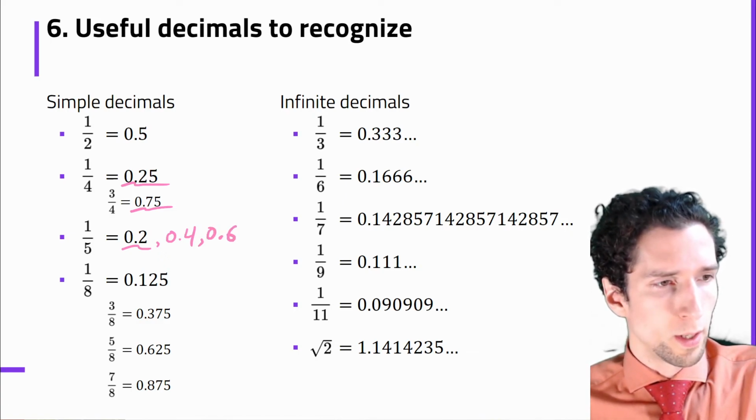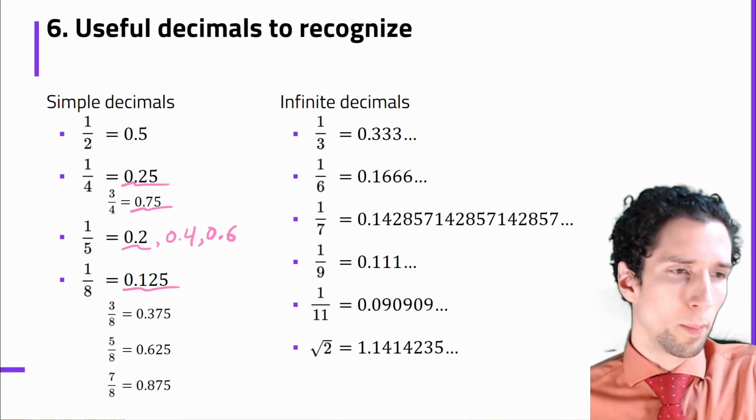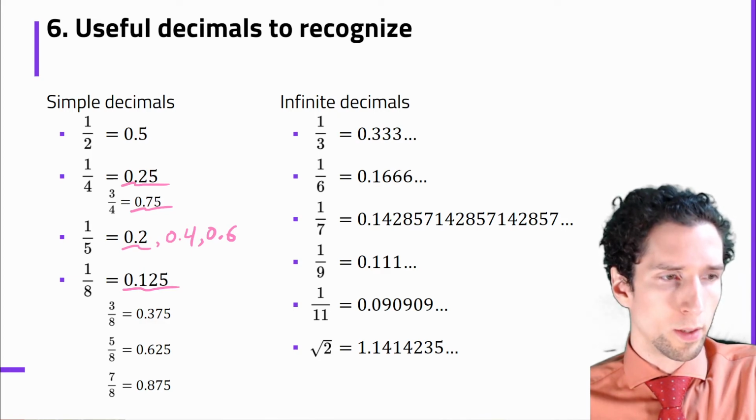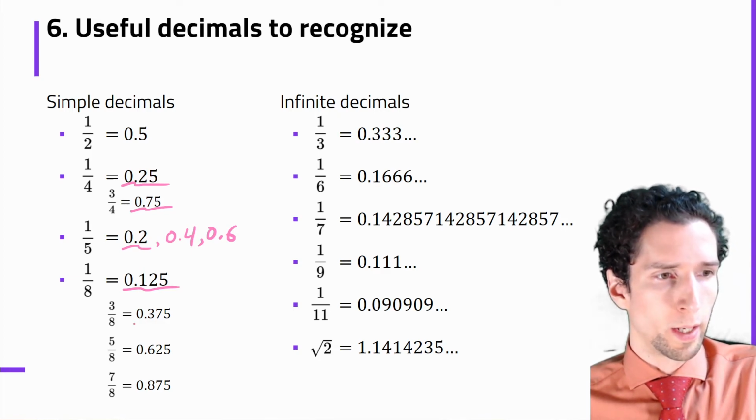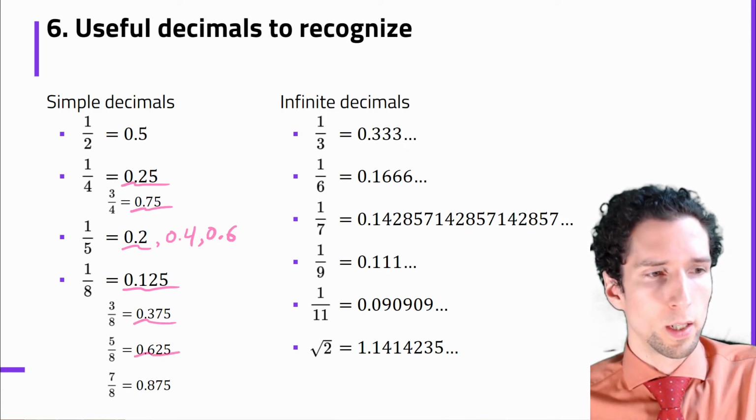Some easy ones. 1 over 8, you probably know, is 0.125. 3 over 8 is 0.375, then 0.625, 0.875.